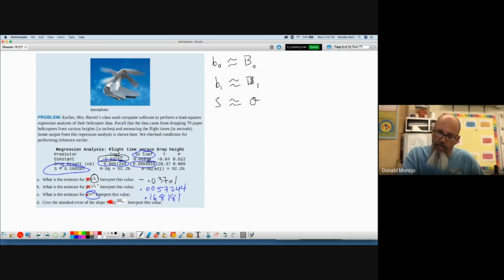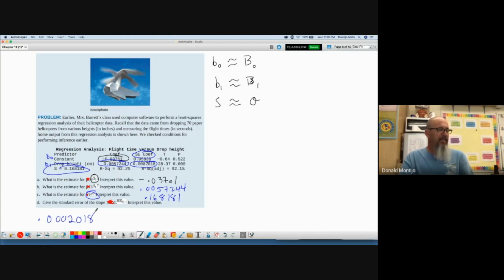So it's always going to be the constant is B sub naught, and the variable is B sub 1. So what is the standard error in this case? For question D, it's 0.002018.